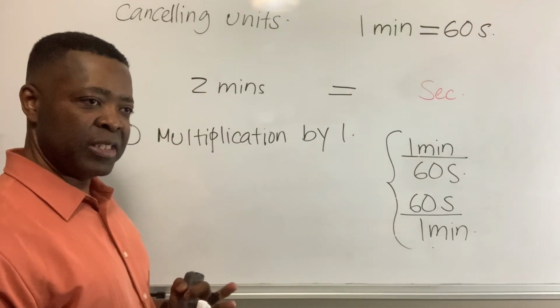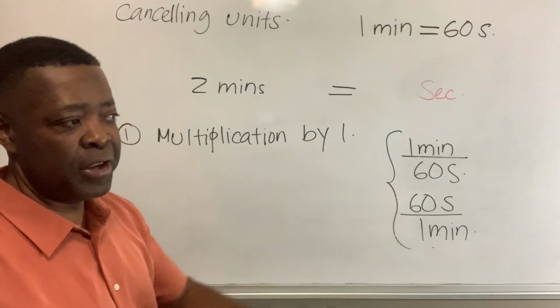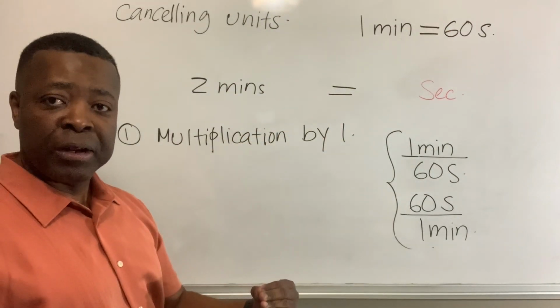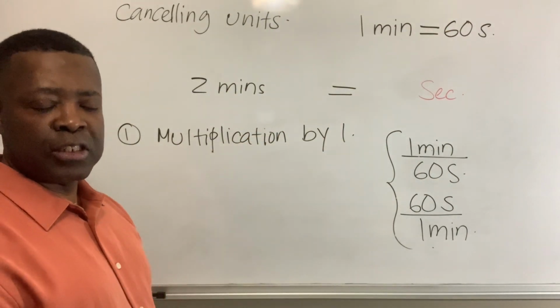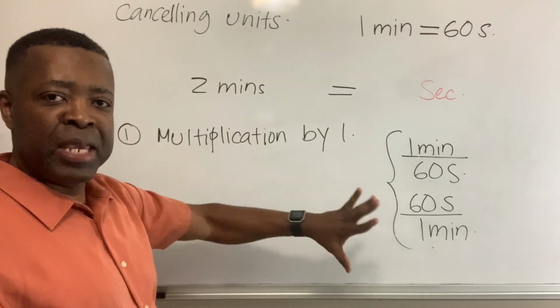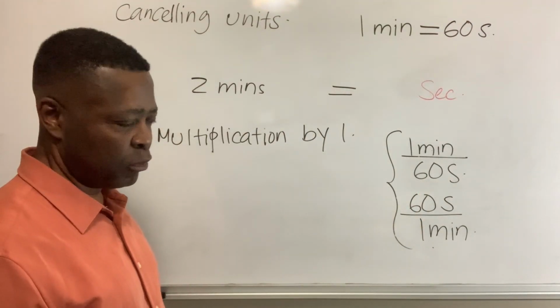One other big principle: if the same unit appears both on top and at the bottom, this unit is canceled. If I have minute on top and minute at the bottom, this minute I cancel. So that's how I'm going to proceed.